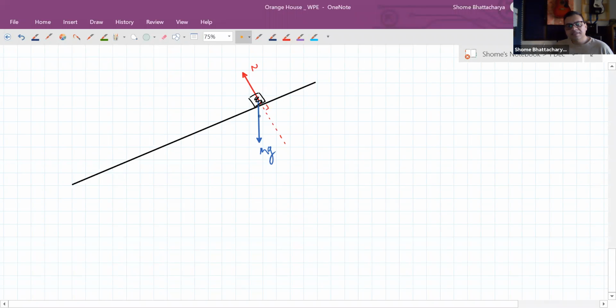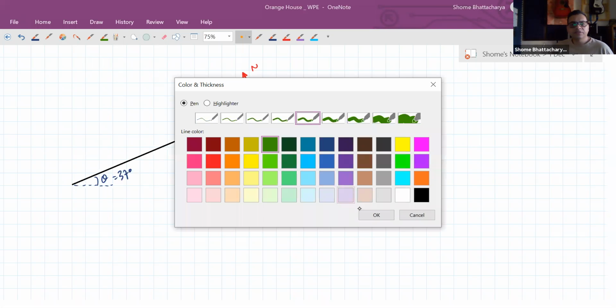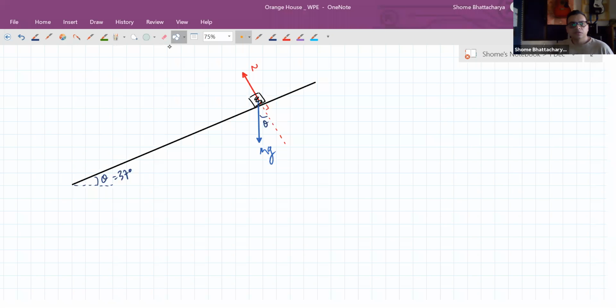Okay, so therefore this angle here will be the same theta as the inclined plane is making with the horizontal. And then of course in this case there is also kinetic friction, which will be acting like this, opposing the slipping.